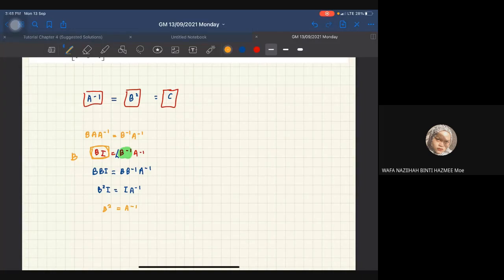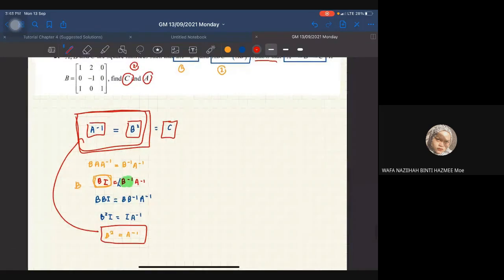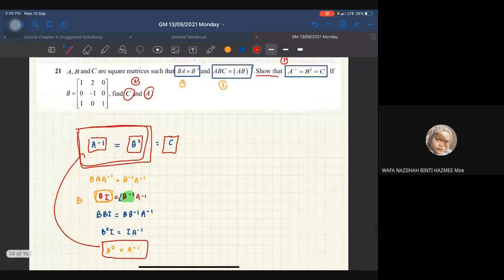Okay, so kalau tengok dekat sini, dia dah sama dengan this one. Nampak tak persamaan dia? Nampak. Okay, so sekarang untuk C pula. Untuk cari C, kita akan gunakan the second equation lah, sebab kita ada C dekat situ.